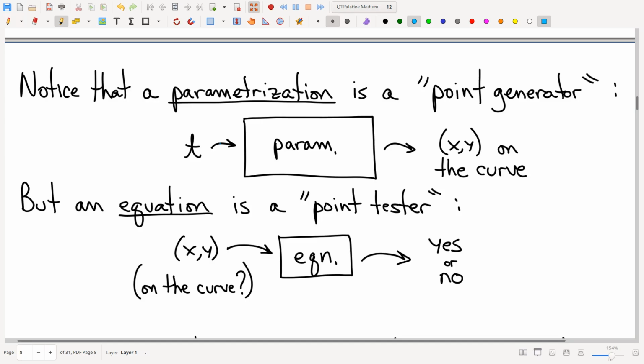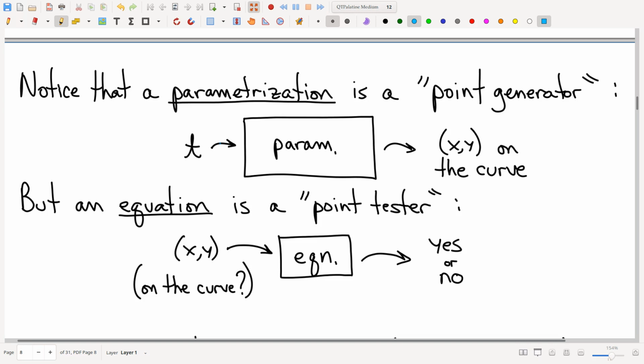One of the problems that I encounter a lot is that students will look at a parameterization and conflate it with an equation, because an equation is algebra that we use to describe a curve, and a parameterization is algebra that we use to describe a curve. It's tempting to be a little sloppy about that. I think it's really important that we not be sloppy, and that we see exactly what the relationship is between the algebra we use to describe a curve and the points on the curve themselves.